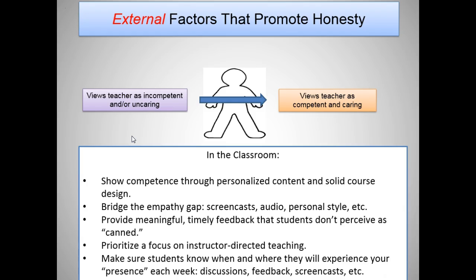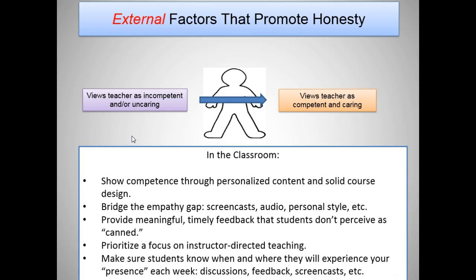But I will say that all the ways that you can show your competence as a teacher probably make sense, all right? Demonstrate your expertise. Show students that you can go beyond the textbook, that you can personalize lectures and materials, that you do know what you're talking about. Does that mean they won't perceive you as incompetent? Maybe not. But if we recognize that it matters, maybe there's something we can do about it.